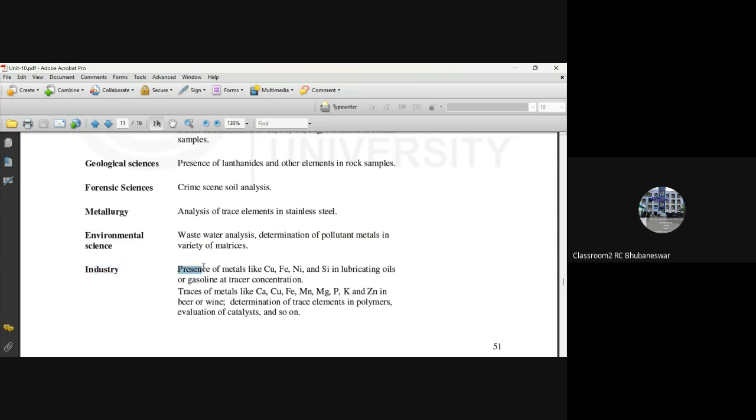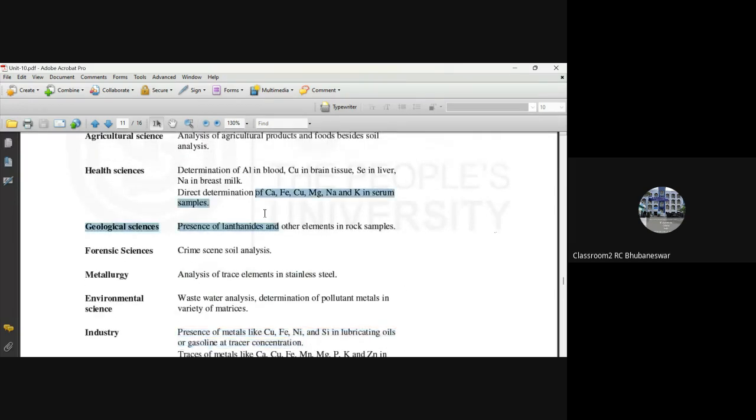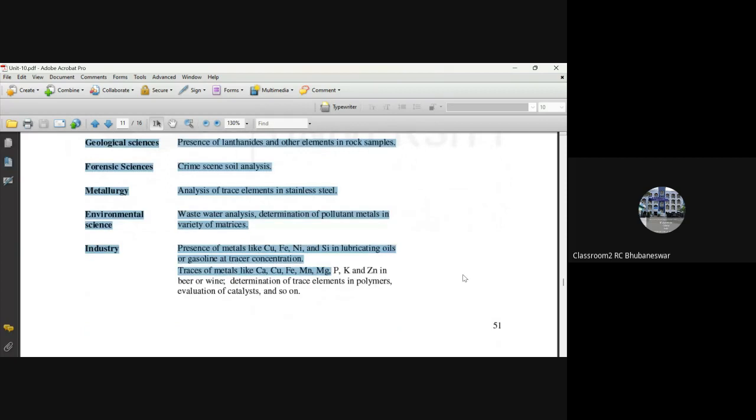The presence of metals like copper, iron, nickel, silicon in lubricating oils and gasoline can be studied. See, not only here we need to note one thing: we are not just studying whether these elements are present or not. From another angle, if there is any contamination, that can also be detected through these elements.